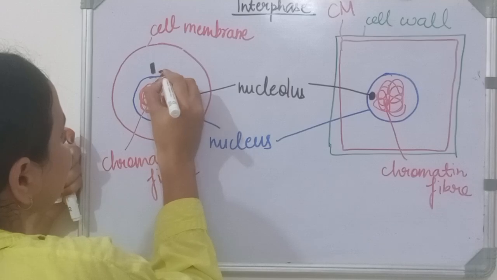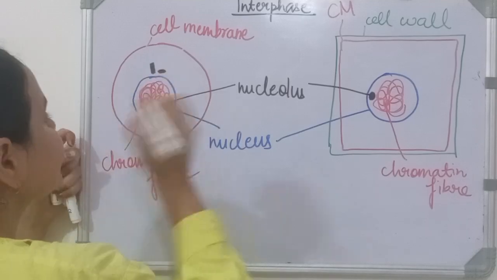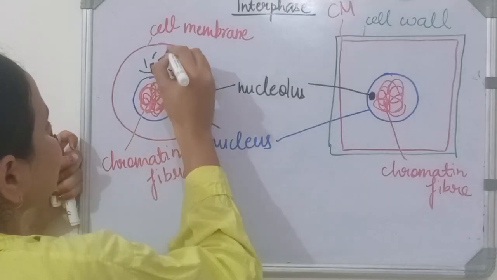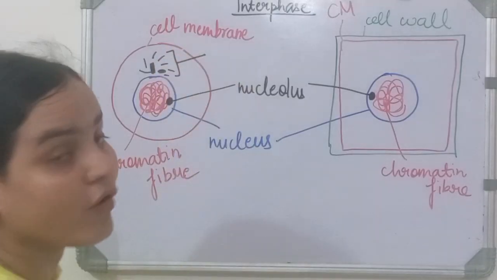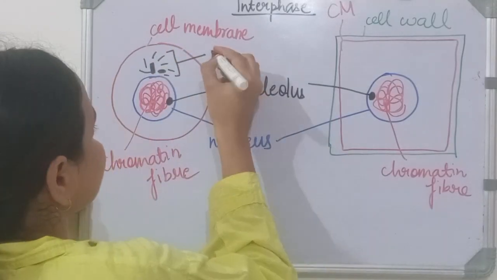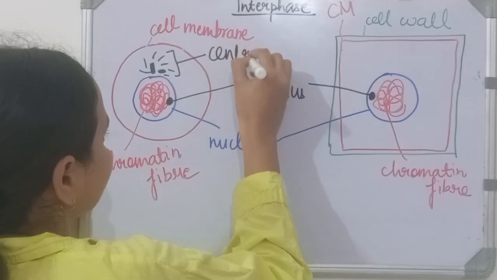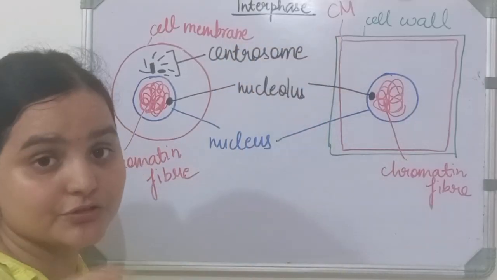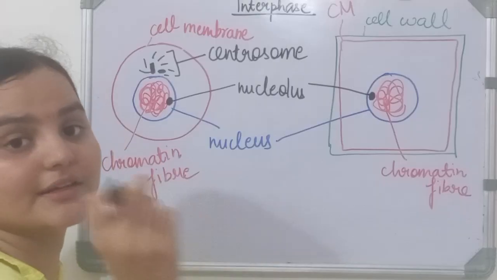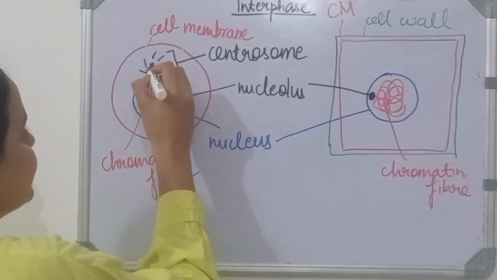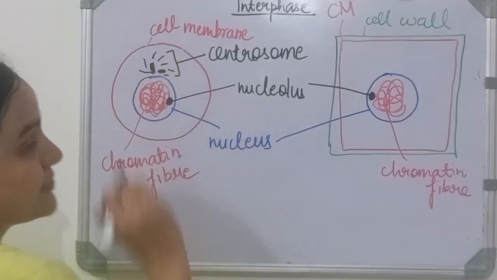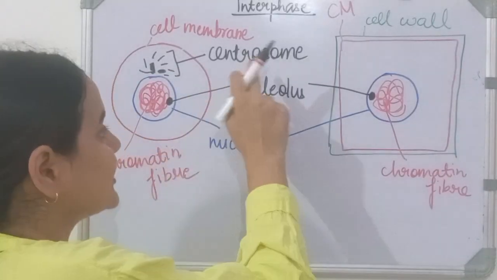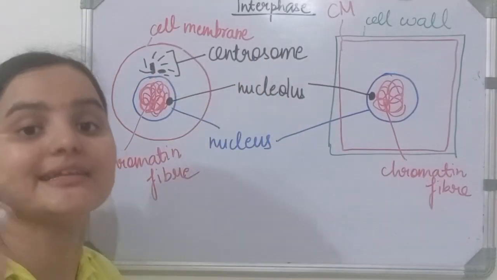These two are centrioles, and here we have aster rays, and this whole structure is called centrosome. Centrosome contains two small structures called centrioles. So centrosome contains two centrioles.